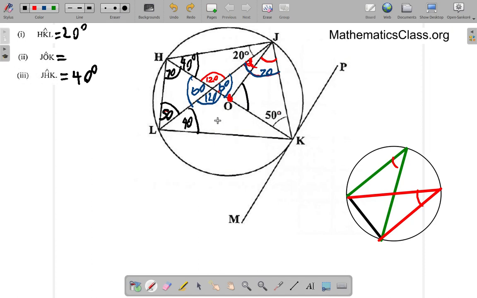And here we know that 120 plus 40 is 160. 120 plus 40, that's 160. And to get the 180, we would need 20 more, so this will be 20, right? So we're finding all of these different angles.